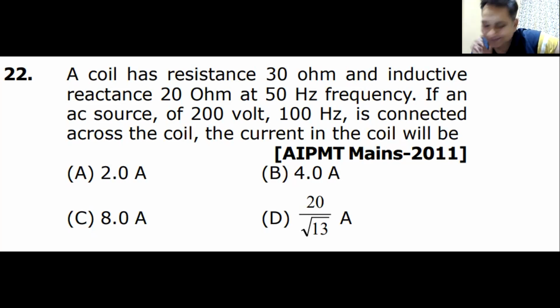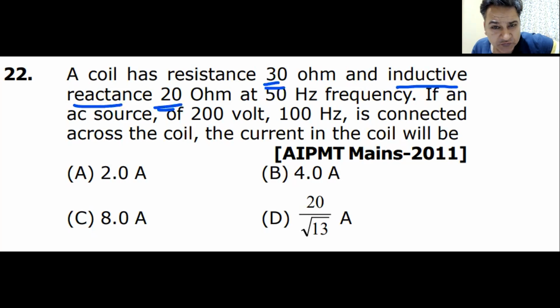So how do we do this? Well, we go on as always. I have to find the value of XL. XL, inductive reactance, is given as 20. The value of R is given as 30.